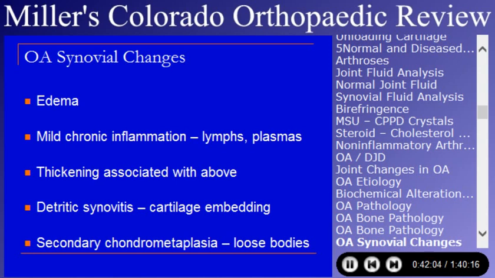There is thickening and fibrosis of the cartilage. There is a synovitis that is caused by the cartilage coming into the joint. It creates a synovial inflammation, and some of this cartilage can continue to proliferate and survive and form a loose body.